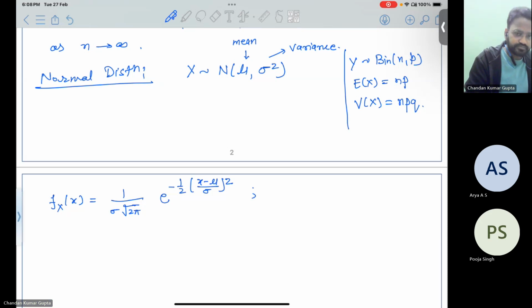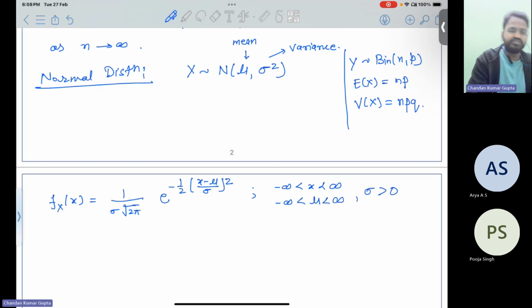So this is the PDF of the normal distribution. Here the domain of x is minus infinity to infinity. Mu also lies within minus infinity to infinity, and sigma is greater than 0. Sigma is the standard deviation and sigma square is the variance of the distribution.